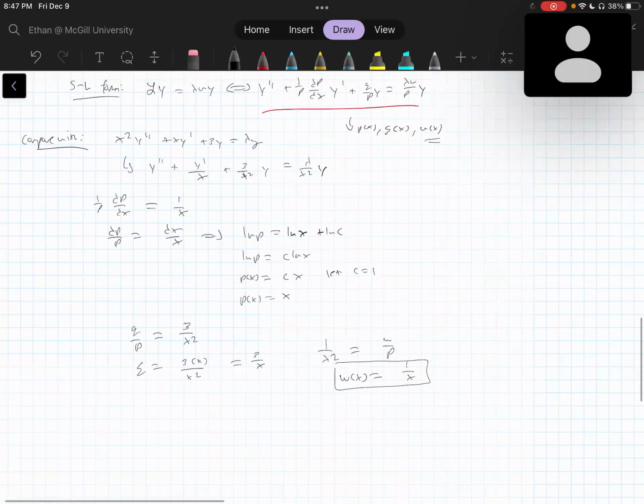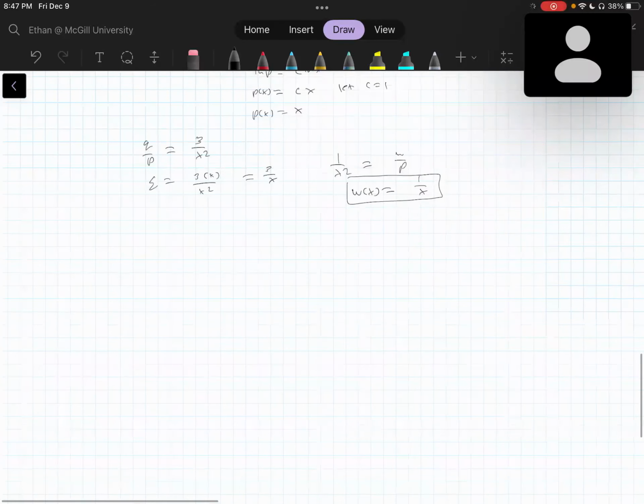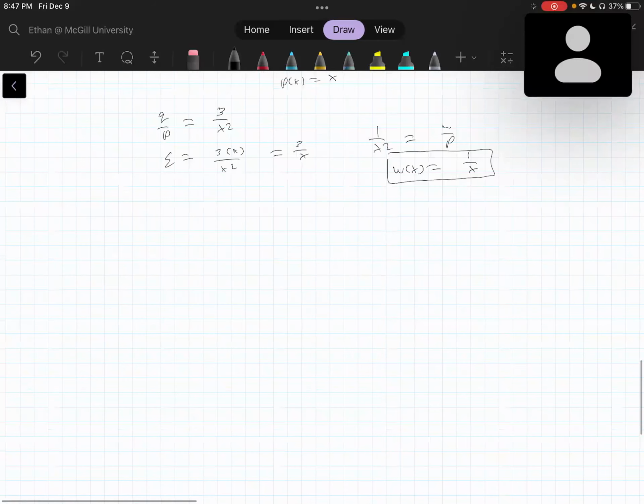So the Sturm-Liouville theory, I'll write it out and then I will explain.